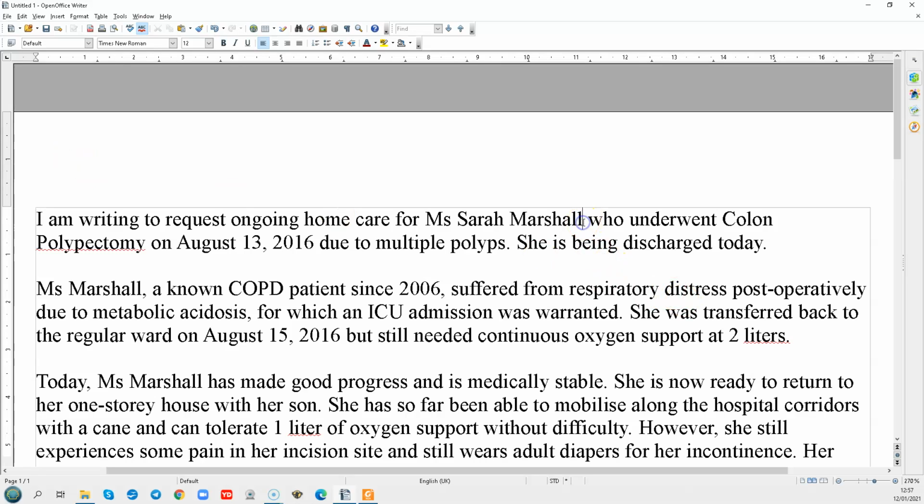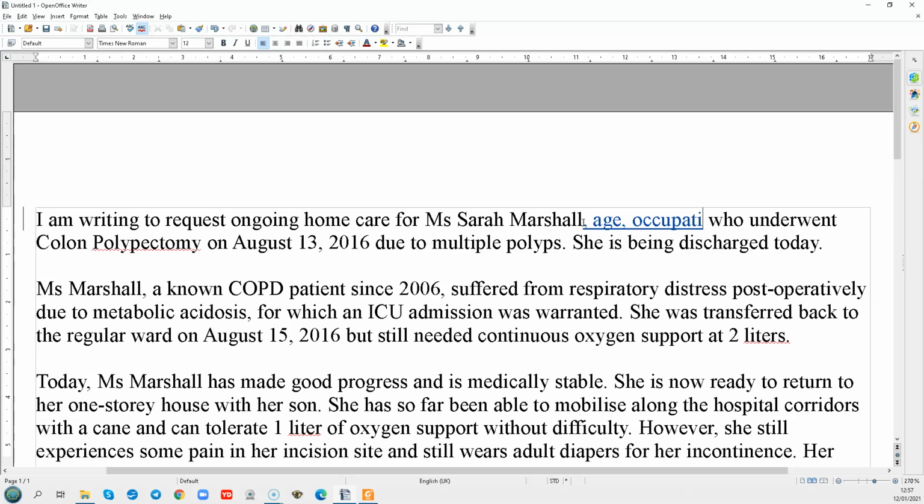Okay, the usual convention is to put name, age, occupation. That's what you usually do. So, Miss Sarah Marshall, aged 70, retired teacher, or Miss Sarah Marshall, age 18, student. So, usually we do name, age, and occupation.